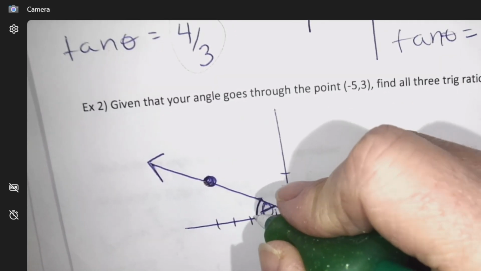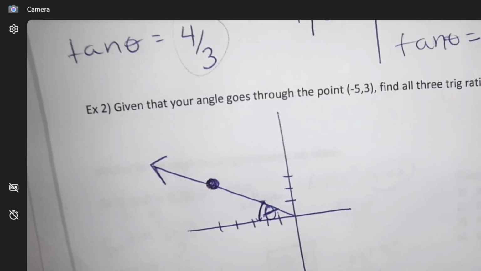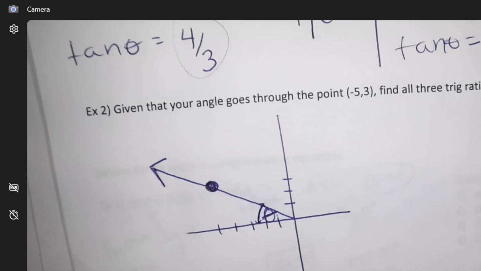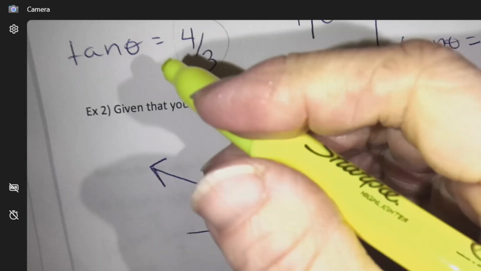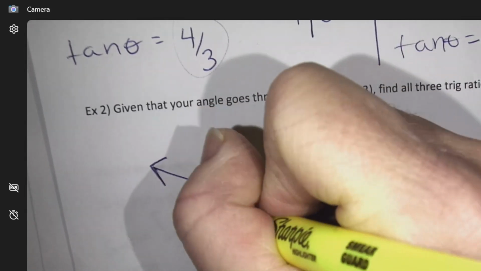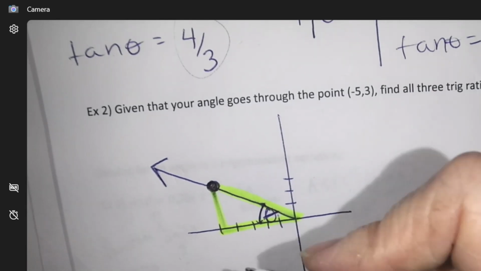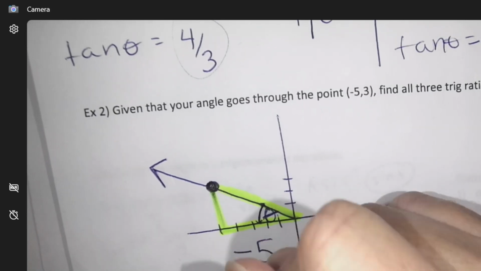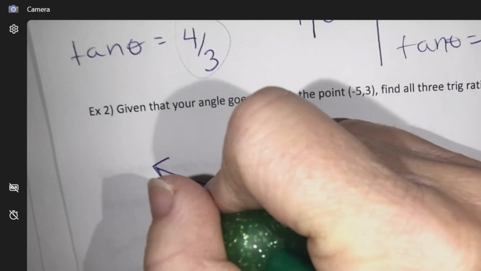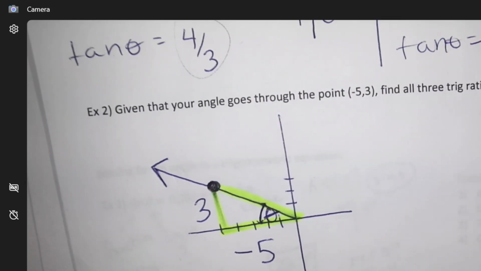So we're going to be dealing with reference angles here. So that's the reference. I'm going to think about this being a right triangle. On this side, I'm going to put -5, and this side I'm going to put 3.